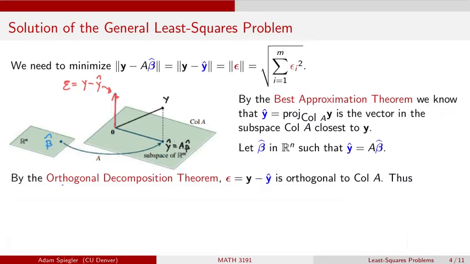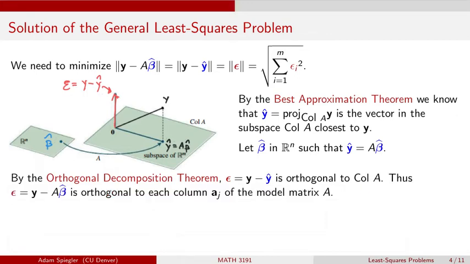By the orthogonal decomposition theorem, we know that these errors over here, which we can write as y, the actual value, minus the predicted value, are the complement to the orthogonal projection. So these errors are all going to be orthogonal to the column space of matrix A. And if the errors are orthogonal to the column space of A, then that means this vector of errors epsilon is going to be orthogonal to each column in matrix A. That's what it means to be orthogonal to the entire column space.